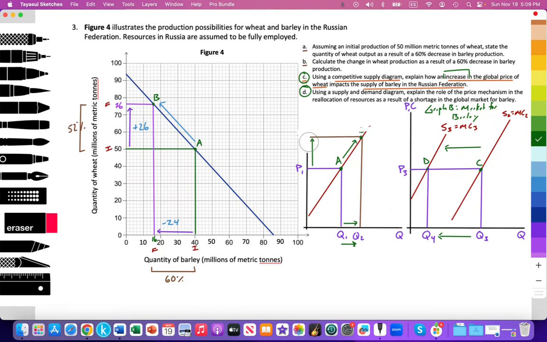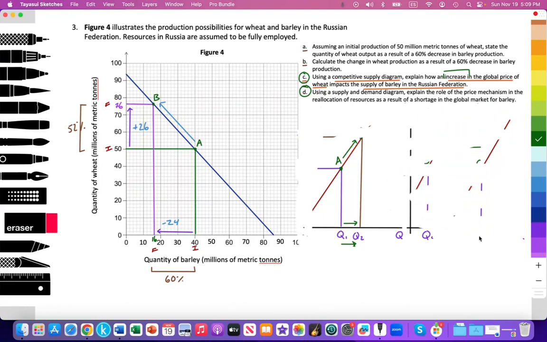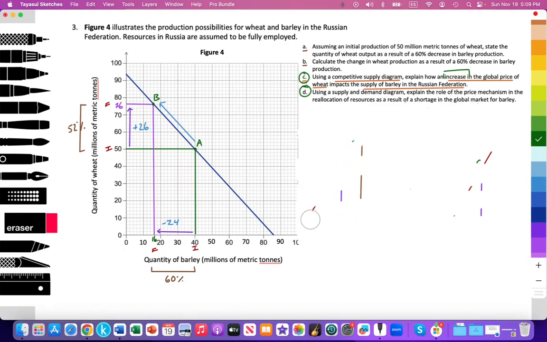And I want to illustrate what's going to happen to the price of barley and what role price is going to have on the allocation of resources and so forth. Okay, so let's just get rid of this and then start drawing that model. Okay, so let's go ahead and draw this.